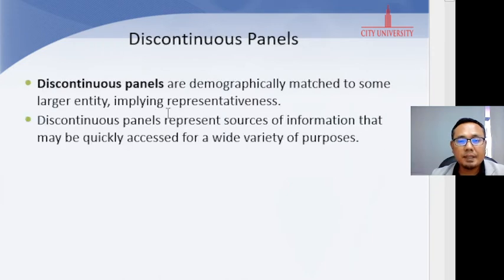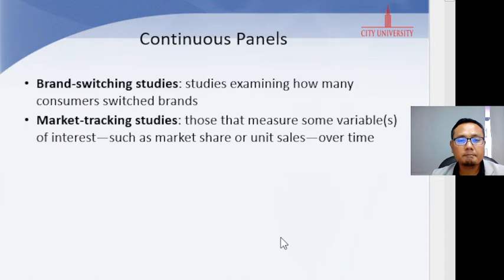So these continuous panels are demographically matched to some larger entity, implying representativeness. And they represent sources of information that may be quickly accessed for a wide variety of purposes.